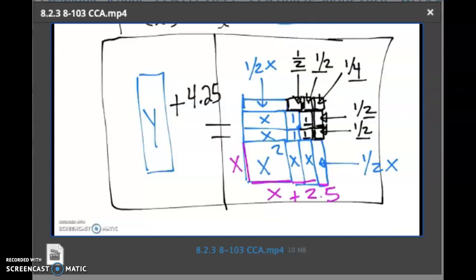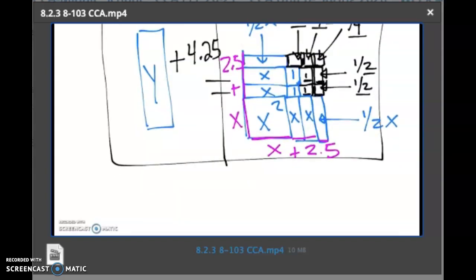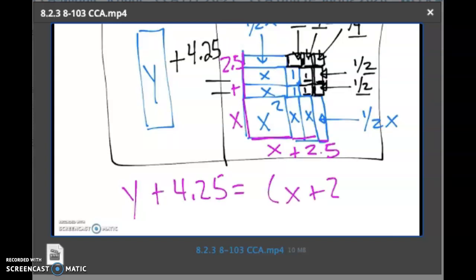There's an x, and then 1, 2 and a half, so plus 2.5. So what we have here is on the left, a y plus 4.25, and on the right, our perfect square is x plus 2.5 squared.